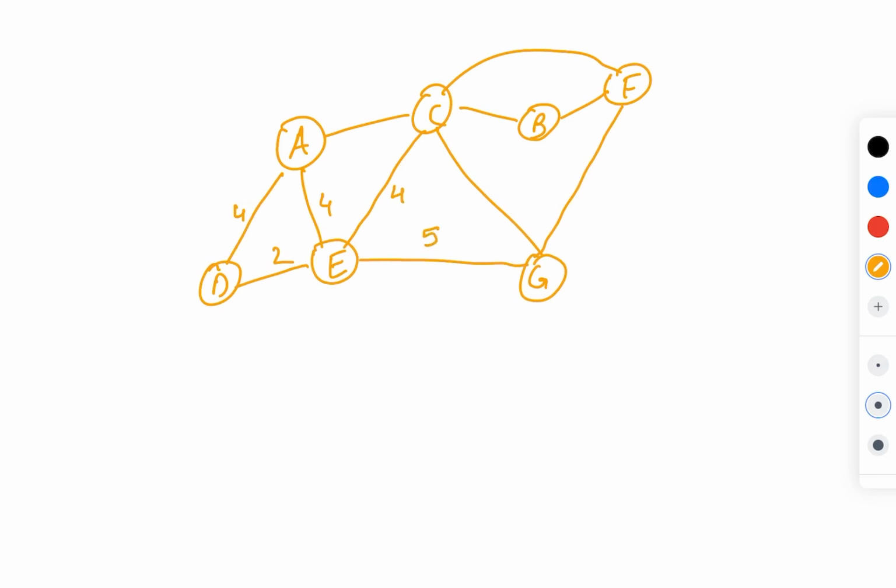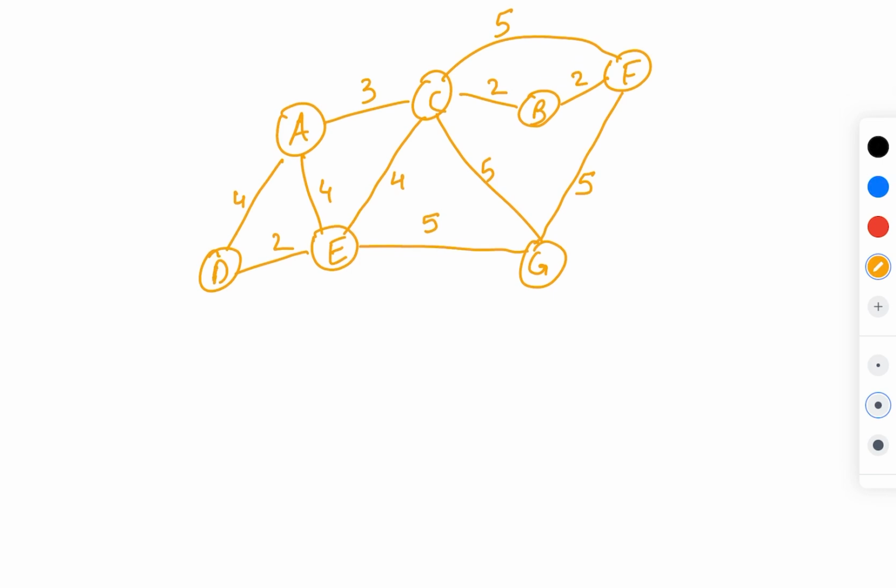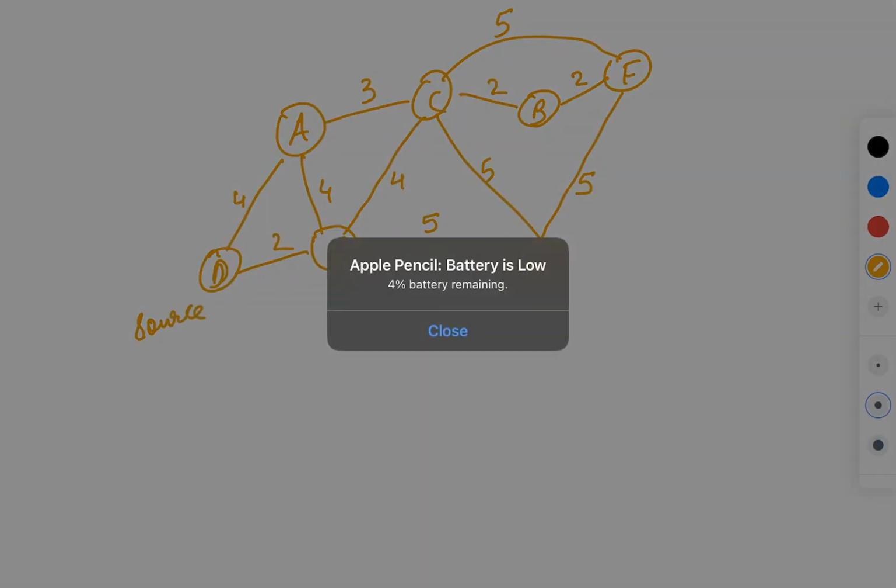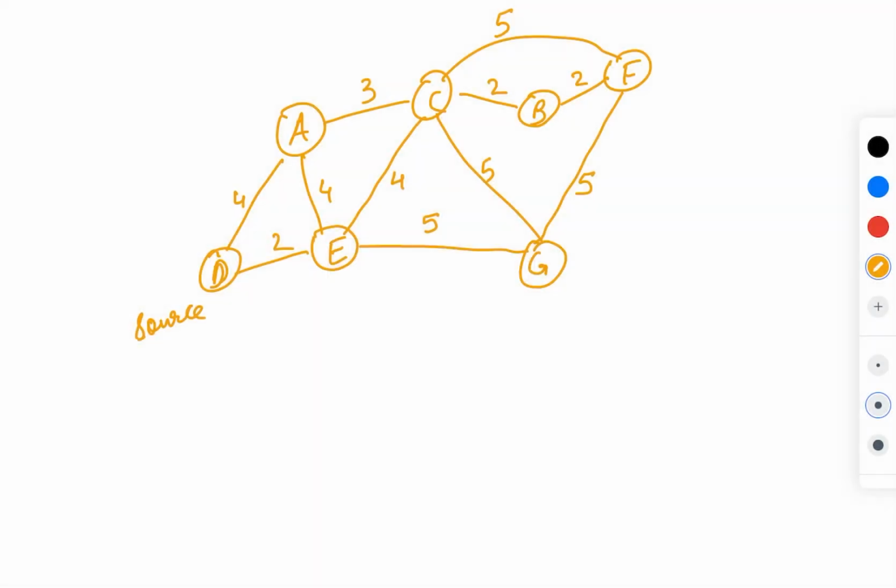Let me add another edge. So our goal is going to be to find the shortest path between the given vertices. So we want to find this from this D is our source vertex.